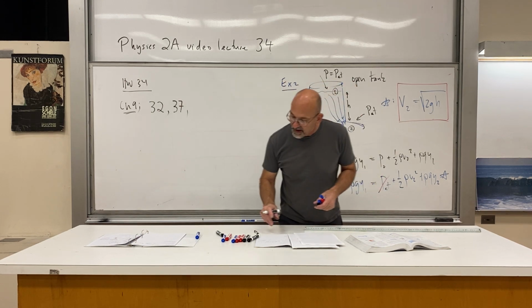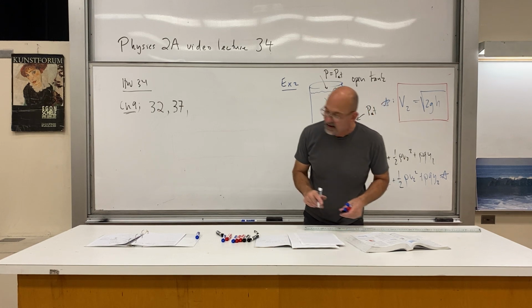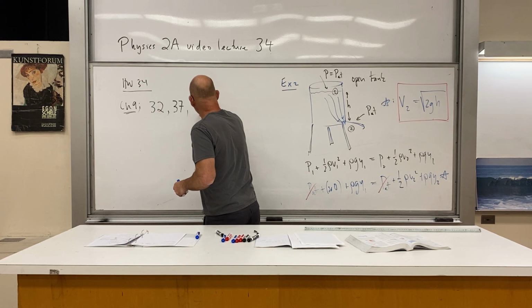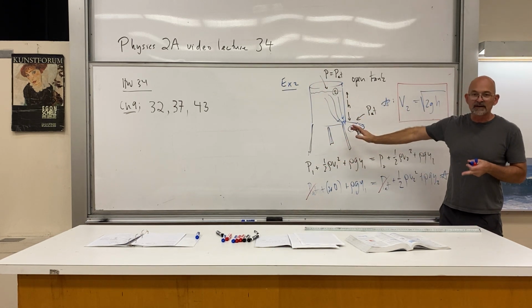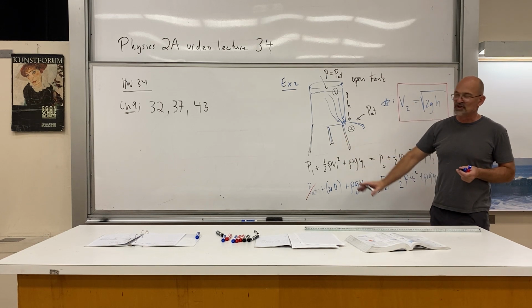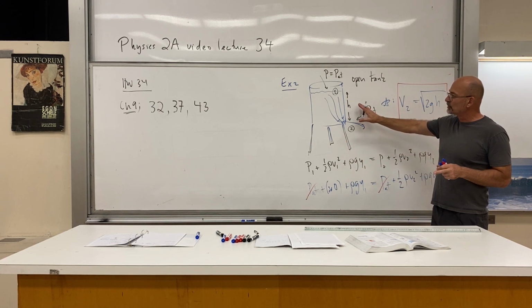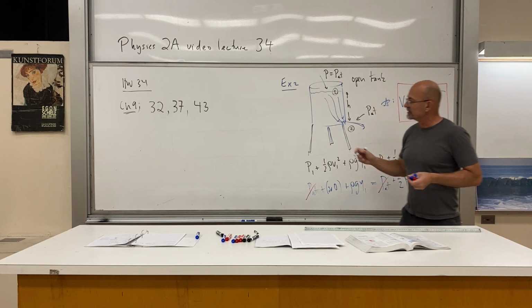Then I have 43, and 43 is basically this problem that I've just talked about here, with an added application to it. But if you understand this one and you understand projectile motion, then you'll be fine.